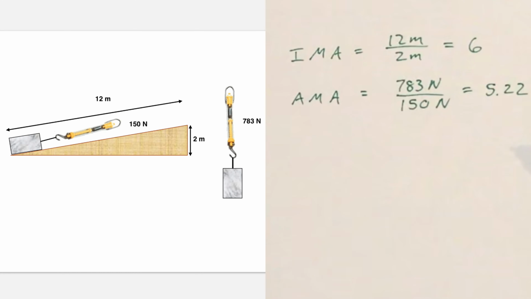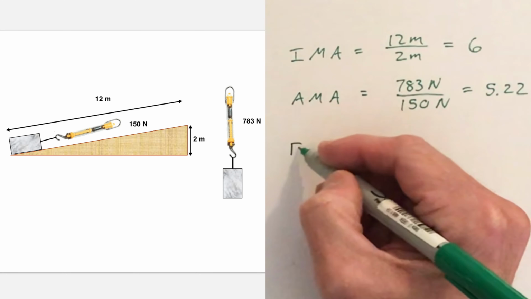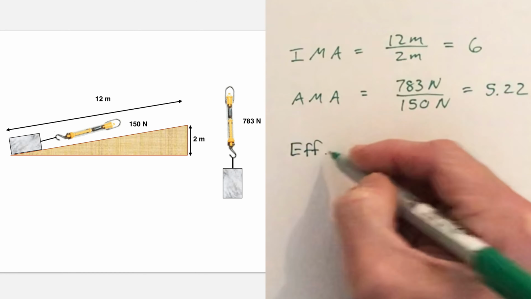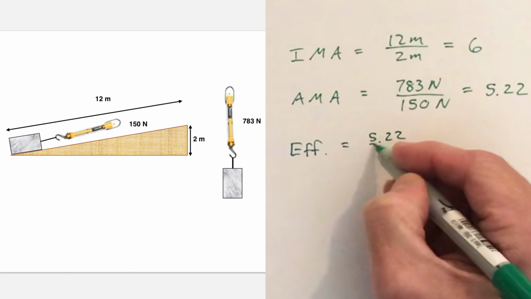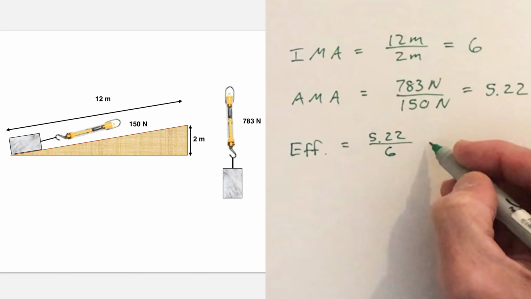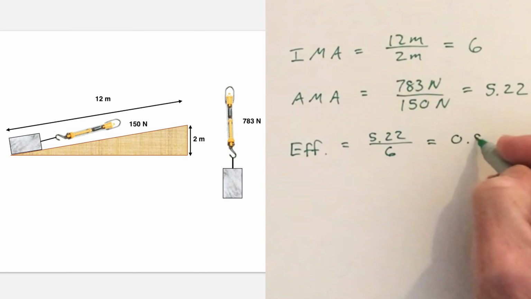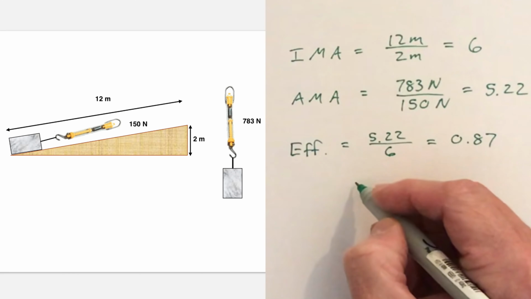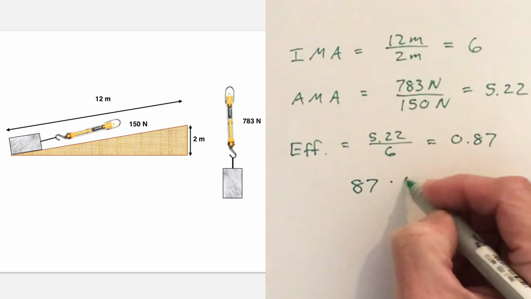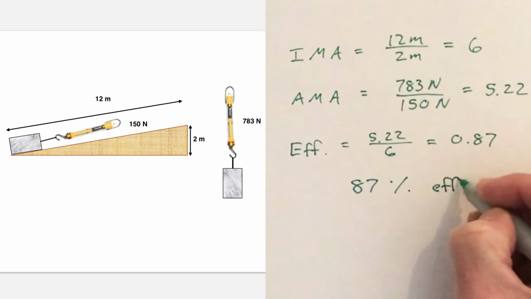So how exactly efficient is this ramp? For efficiency, we're going to do 5.22 divided by the best possible of 6, and that comes out on a calculator to be 0.87. Efficiency is usually spoken of in terms of percentages, so we would say that this ramp has an efficiency of 87%.